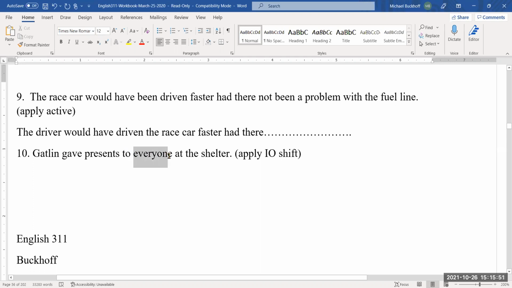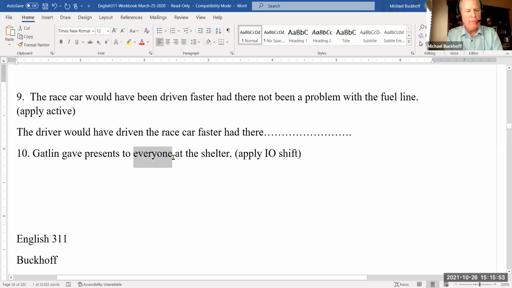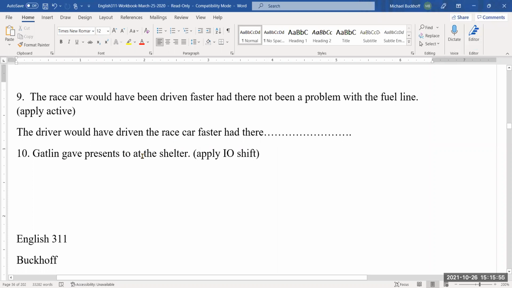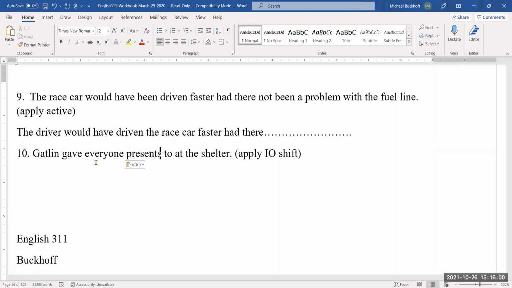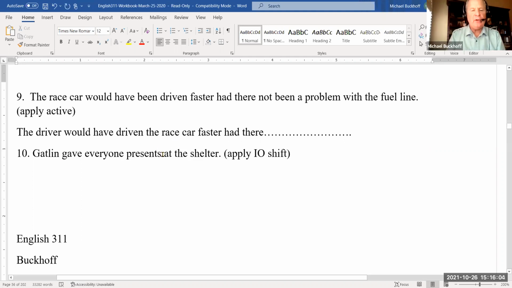So we have to take this word here, right? We're going to cut it. And where do we put it? After gave. Good. So you have to put it right here. And we keep this preposition. This is a different one. This is doing something different. So Gatlin gave everyone presents at the shelter. So we have now changed sentences using two different kinds of transformations: indirect object shift and also active-passive voice transformations.